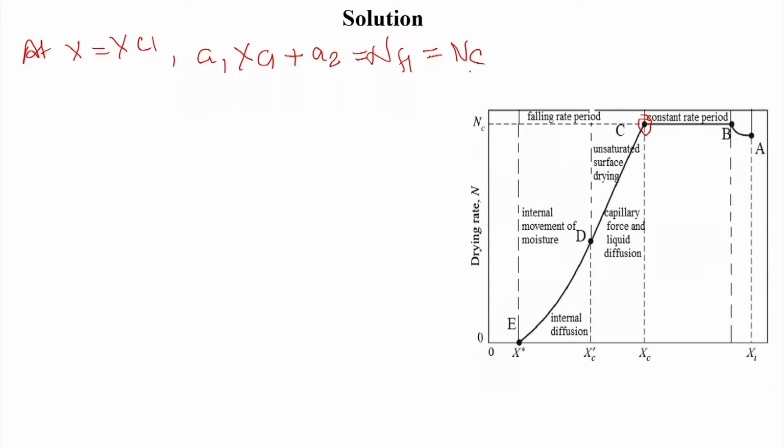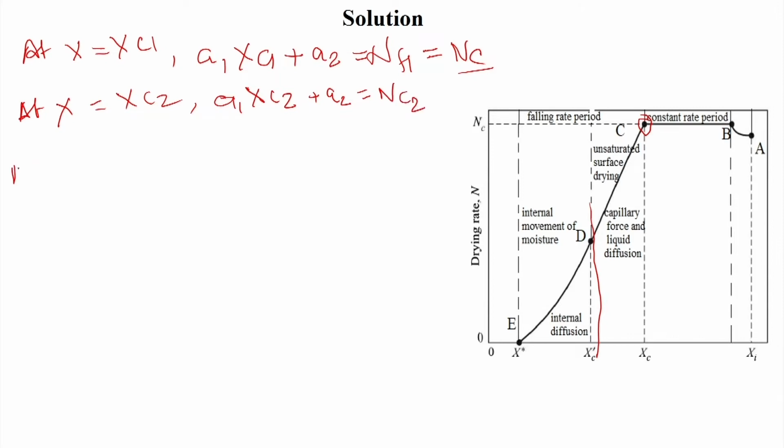At x is equal to Xc2, we have A1 into Xc2 plus A2 is equal to NC2.